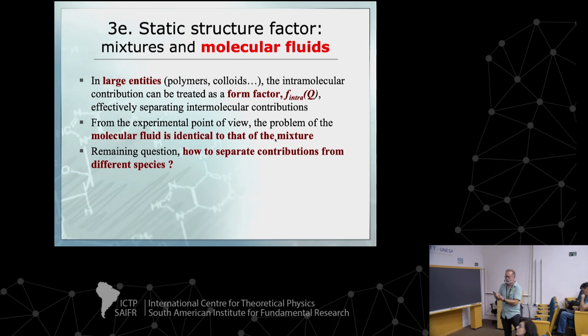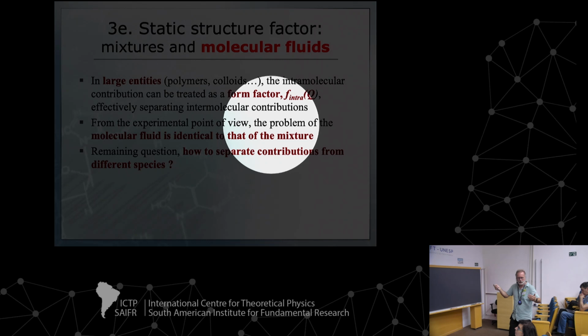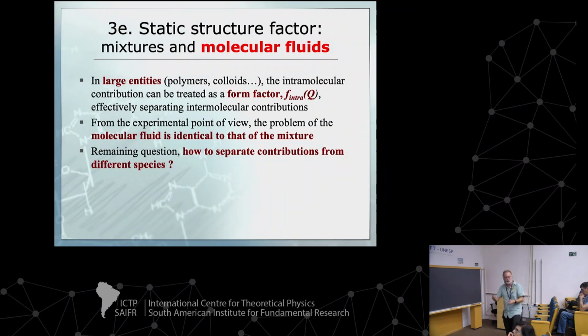When you have a polymer that has hundreds or even thousands of atoms, in the case of a protein, for instance, you do not consider separate contributions, but you put them all together into a form factor that you will call the intramolecular contribution, F of Q, that you have to calculate in advance, right? That's the way to handle it, right?